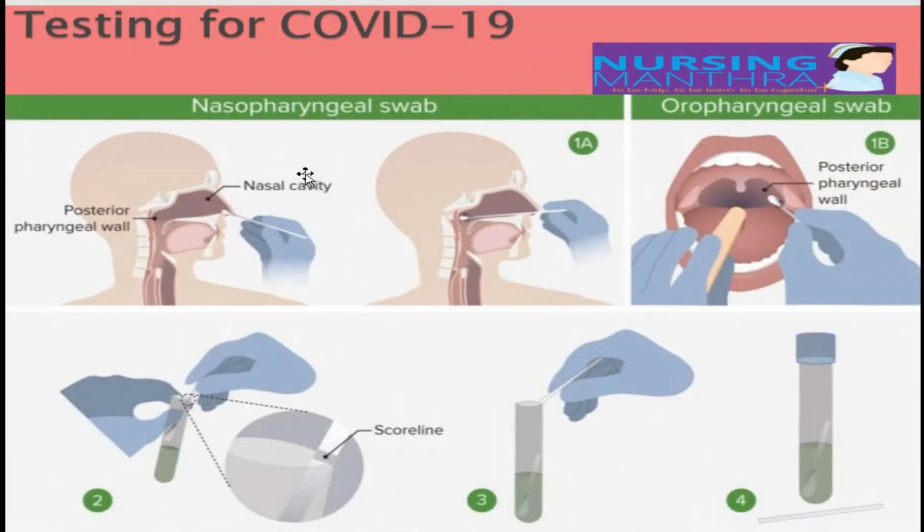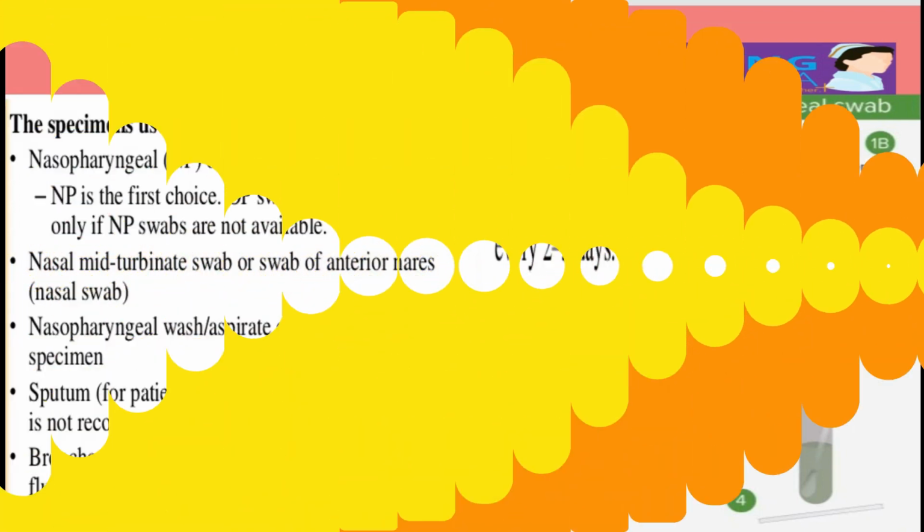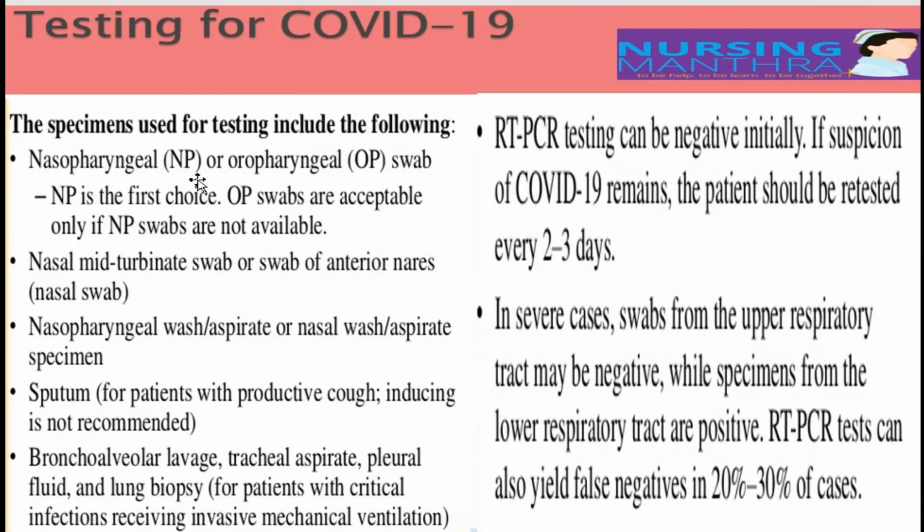Now, how the swabs are collected. One method is nasopharyngeal swab collection. The other is the posterior pharyngeal wall, where an oropharyngeal swab is also taken. Specimens used for testing include nasopharyngeal or oropharyngeal swab. Nasopharyngeal is the first choice. Oropharyngeal swabs are acceptable only if nasopharyngeal swabs are not available.